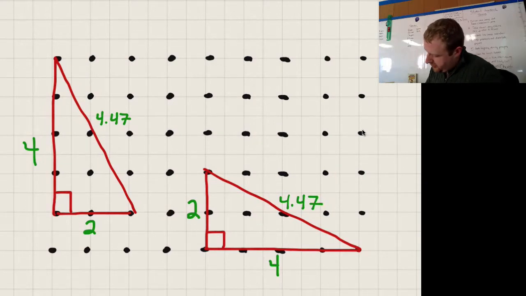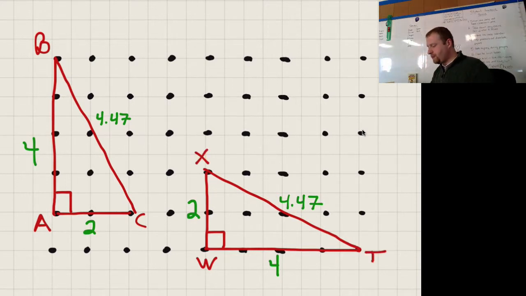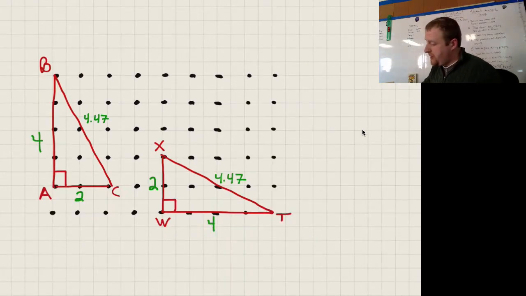So I'm going to give them some letters. We're going to call this one A, B, C. We're going to call this one W, X, Y. I'm going to show you a couple ways to do this.